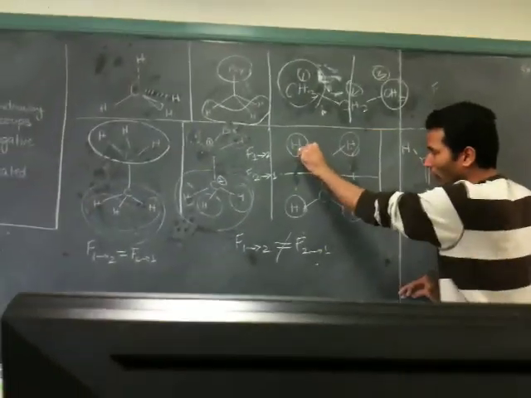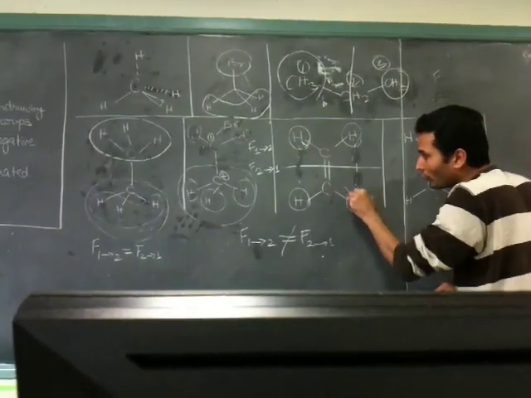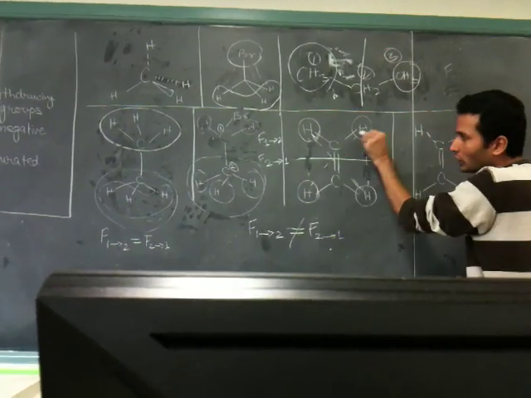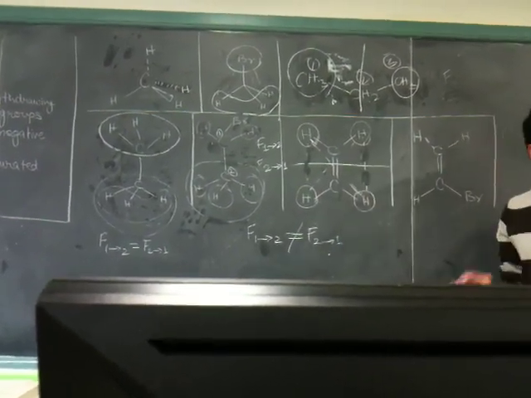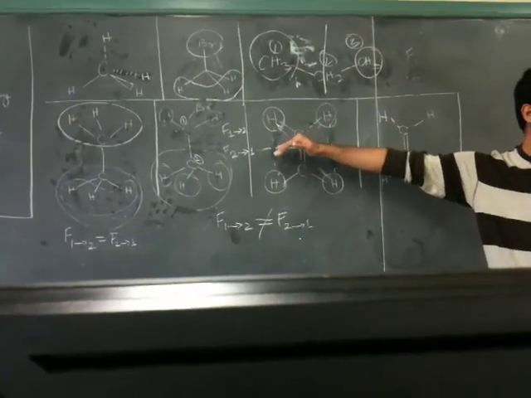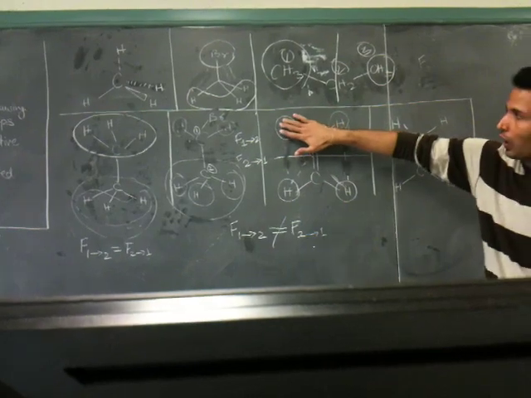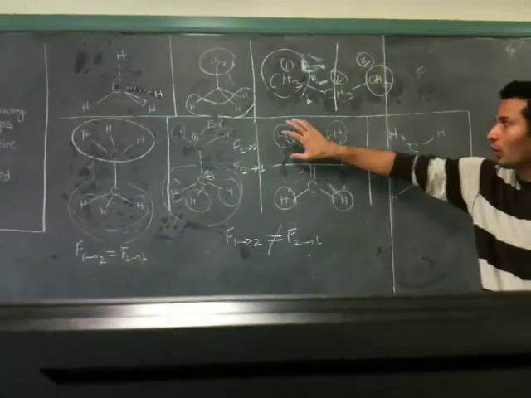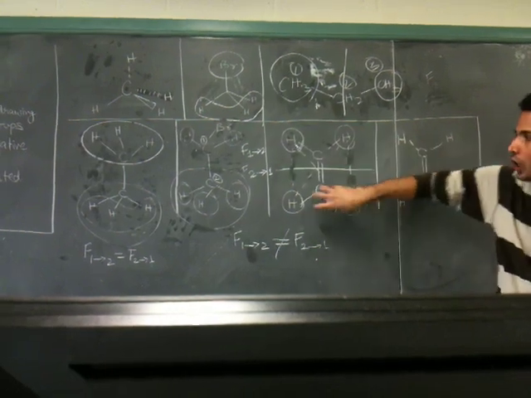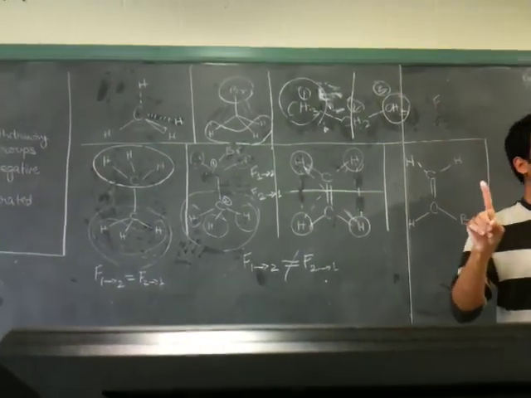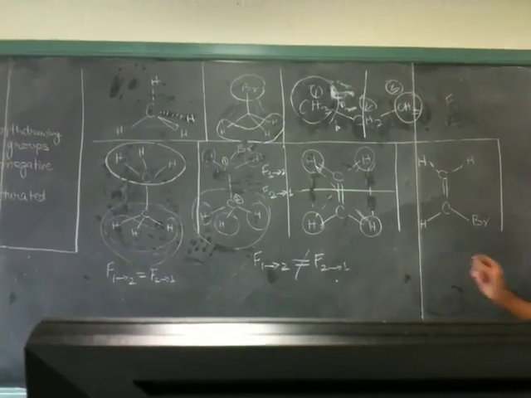Whatever force this one will feel due to this one because of the diagonal distance, the force will be the same for these 2. So altogether, this molecule is symmetric and the forces are the same. All the centers are feeling the same forces. It means these 4 protons will make one set of protons, and you will see 1 peak.